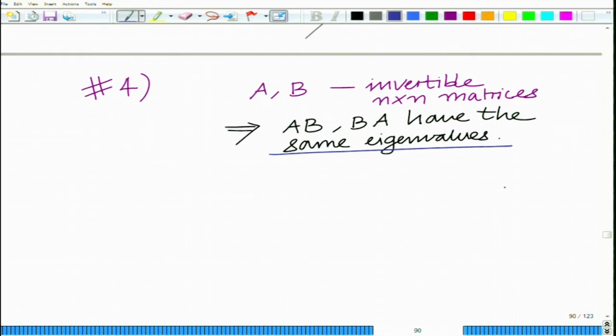We want to show this property, that the eigenvalues of AB are equal to the eigenvalues of BA.